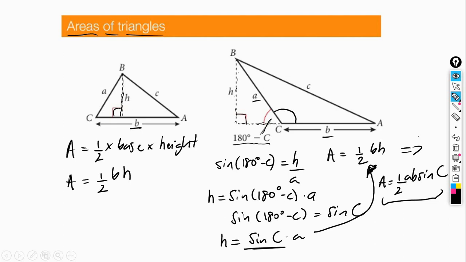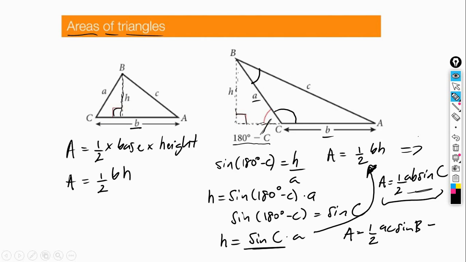The area is also equal to 1/2 A times C times the sine of B. So if we have sides A and C, and we have angle B, we can use the same formula.